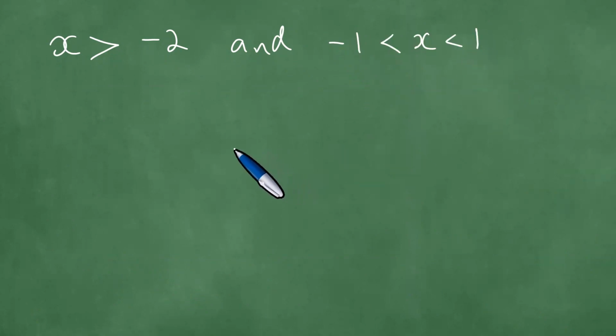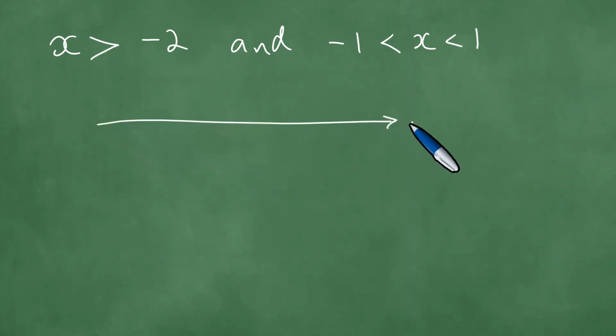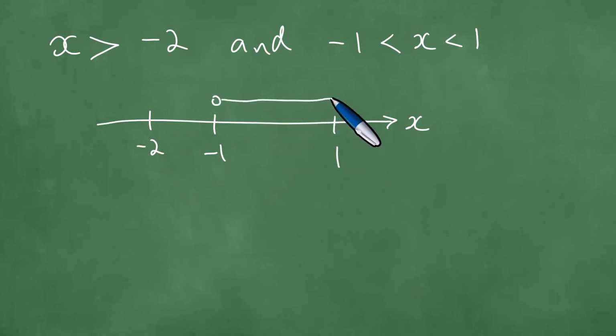And we need to graph this on the real line. If you graph this on the real line, we put here, for example, minus 2, minus 1, and 1. We connect these points, and then we have x bigger than minus 2 strictly, and we have this.